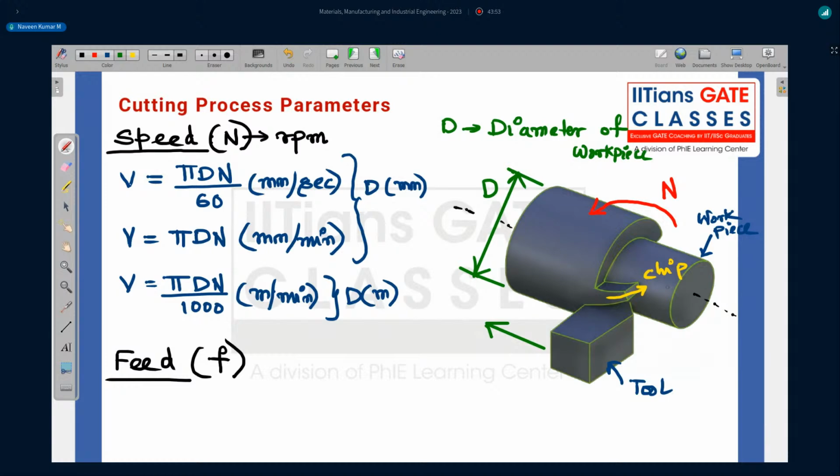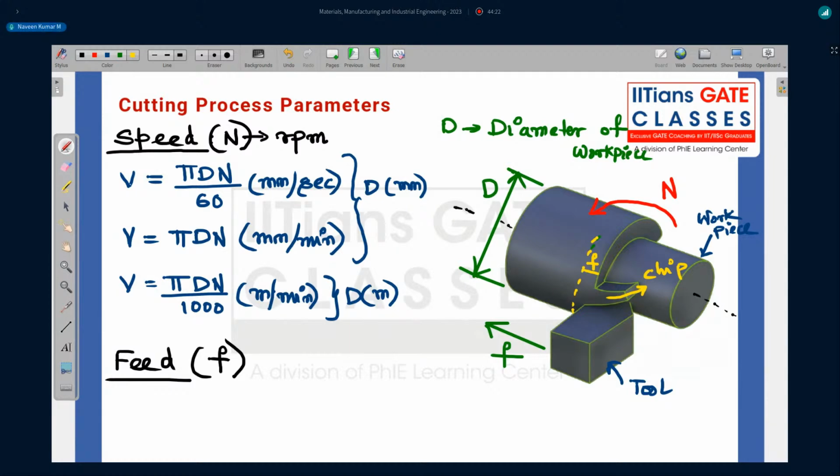For one rotation of the workpiece, the tool is moving in this direction. And that is your feed f. This distance that happens in one rotation is your f. The small distance that you can see is known as feed, small f.